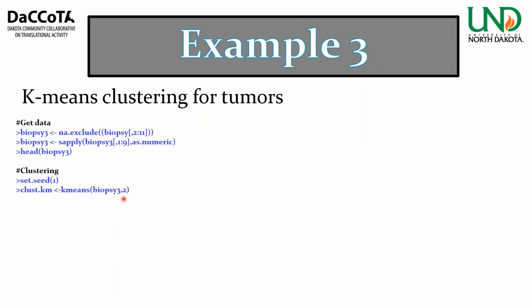And because we know we just have 2 categories, the benign or malignant, I'm going to set the cluster number to 2. Obviously, if you had no idea how many classes you're looking for, you can look at different setups of that. I'm going to run that, and then we can graph.